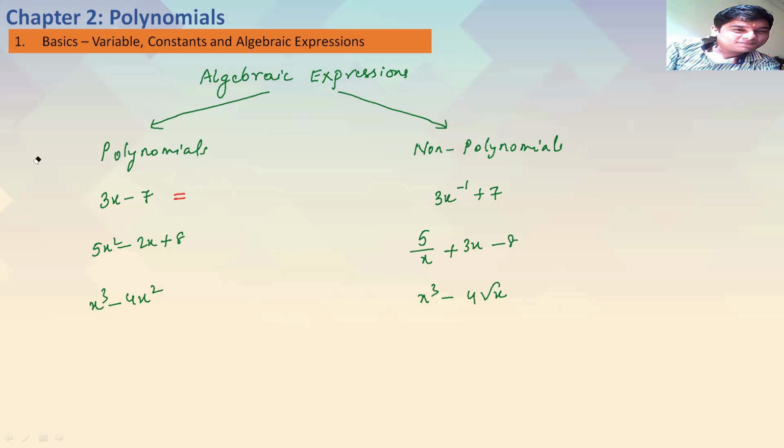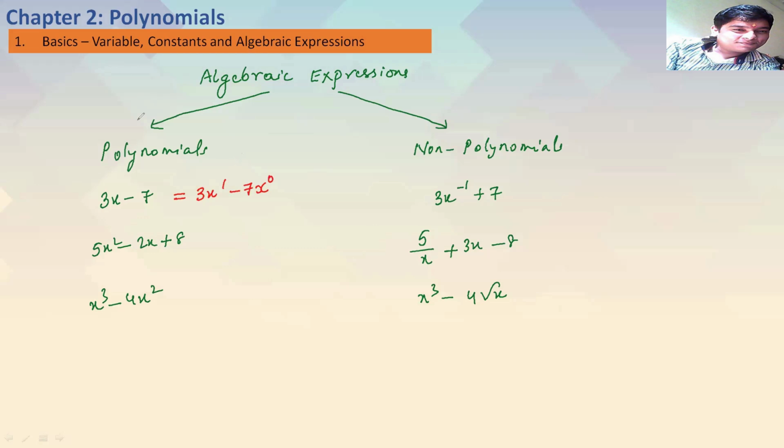Ankita, it will look much like this. Okay, I will do 3x power 1 minus 7. What is anything power 0? Anything power 0 is 1. So can we write x power 0 here? 3x whole raised to 1 minus 7x whole raised to... Can we not?